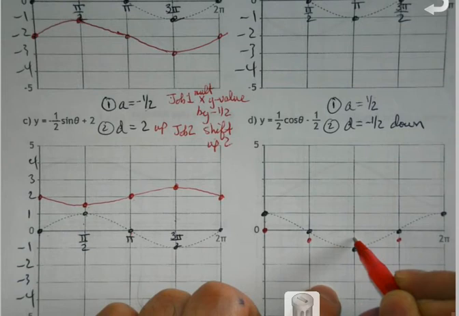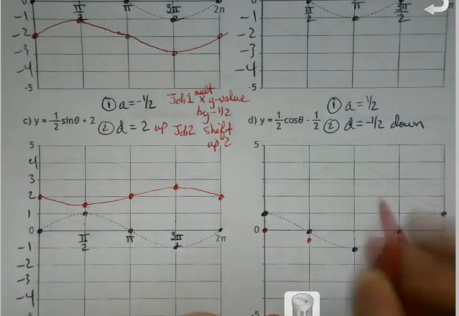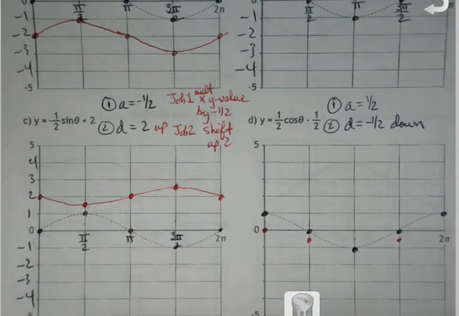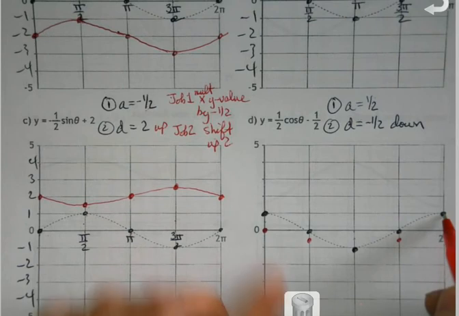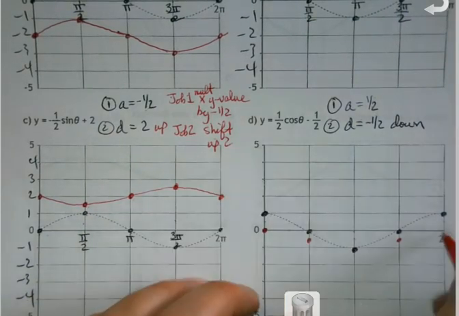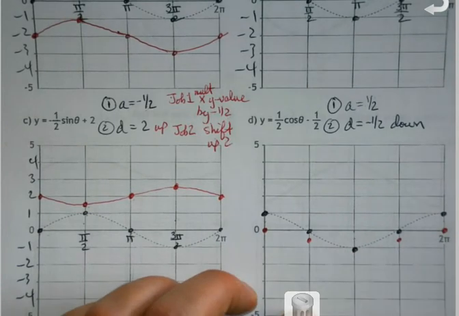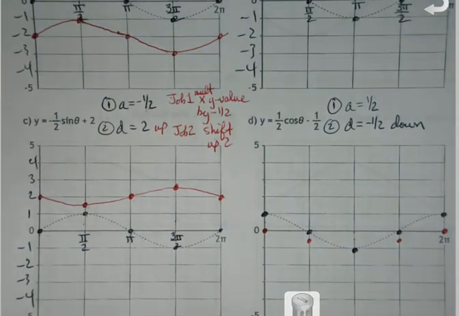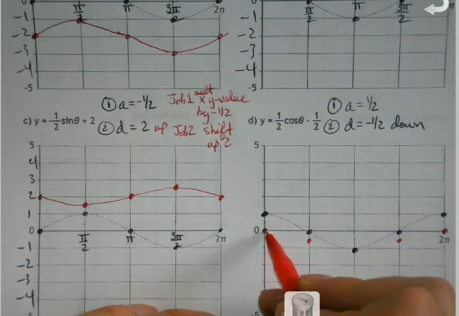But then again, then I'm going to be down. And finally here at 1, I'd be in the exact same place I was here. 1 times 1/2 is 1/2. Down 1/2 puts me right there.